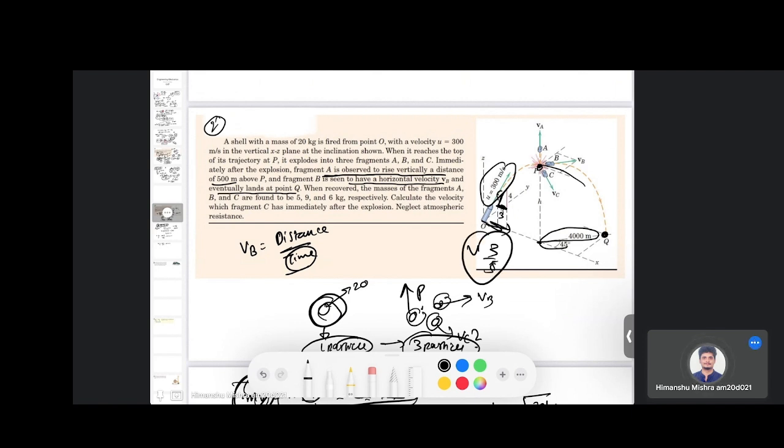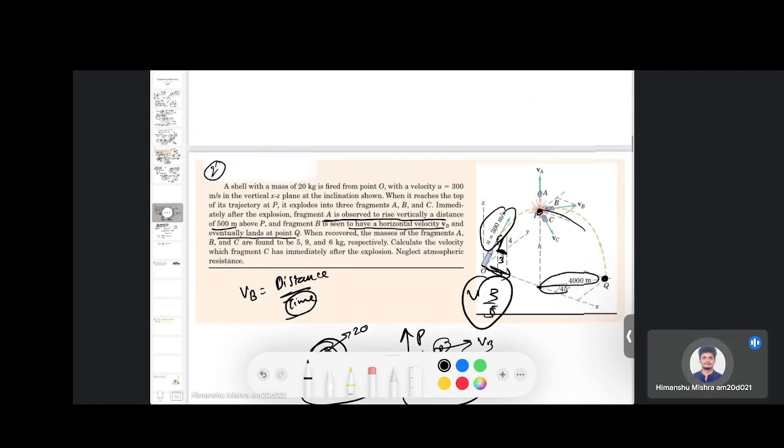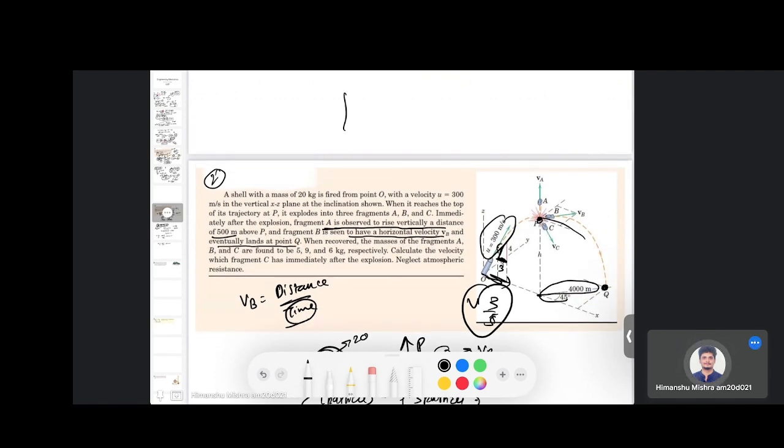In the first week lecture we actually talked about how to get the components. For example, let's say this is a velocity V, this is the x-axis, and we are given theta. Then the component of this velocity along the x-axis is directly given by V cos theta, which is Vx.